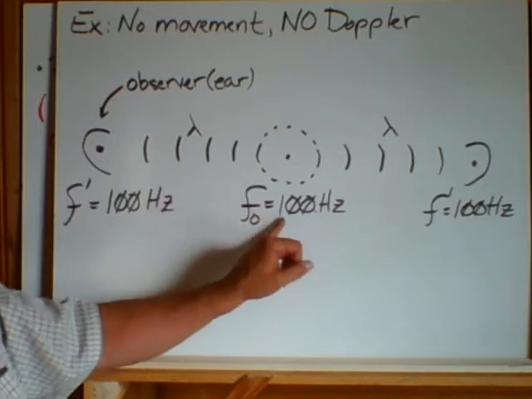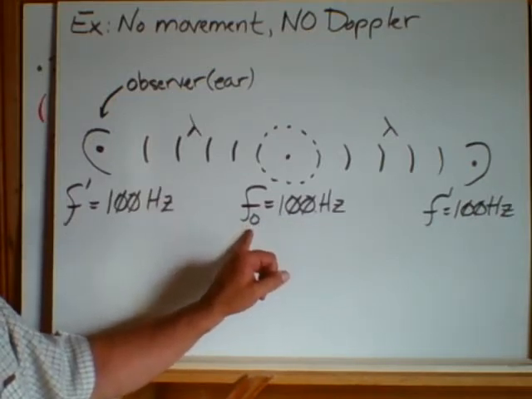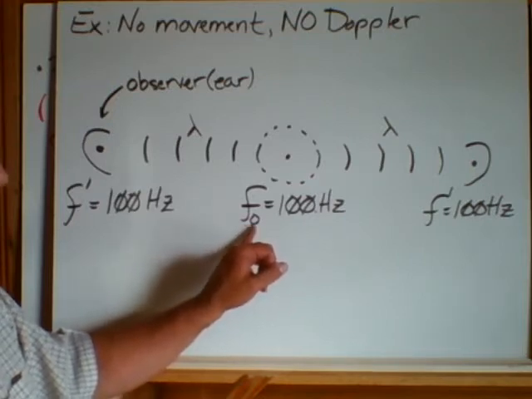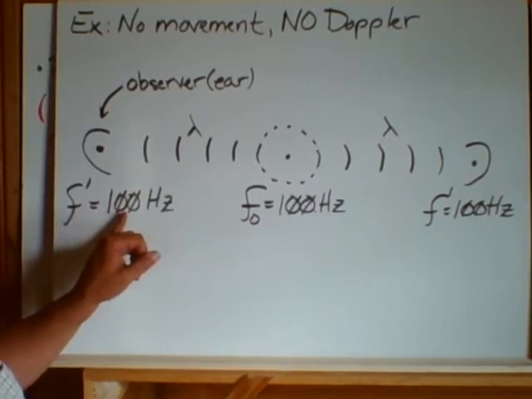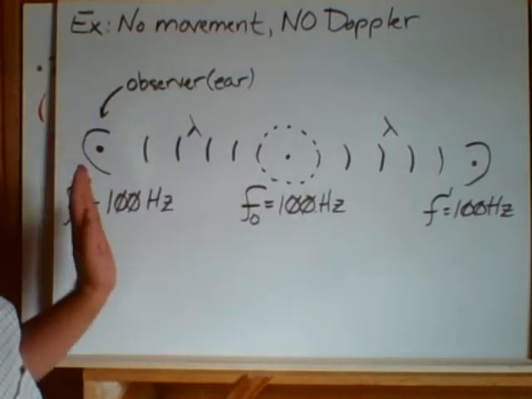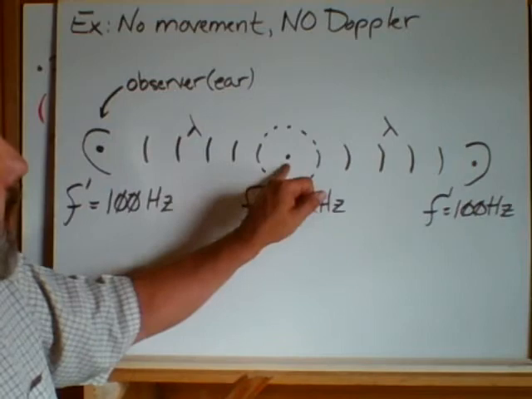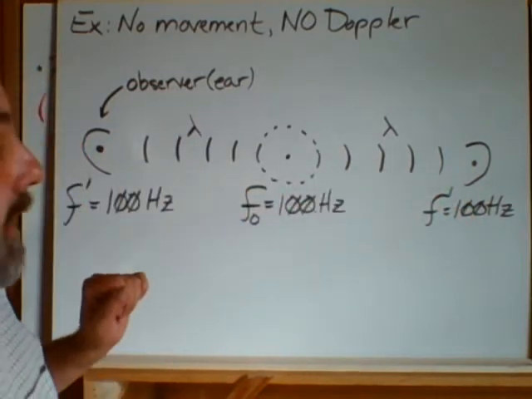We're producing sound waves of 100 hertz. This symbol is f sub 0, or as we often say in physics, f naught. It represents the original frequency. And then we have f prime over here. This is what the observer hears, and we have another f prime over here. But the point is they're all the same. There's no motion in this, so it's just as you'd expect. If you're producing 100 hertz sound over here, the observers are going to pick up 100 hertz sound in any direction.